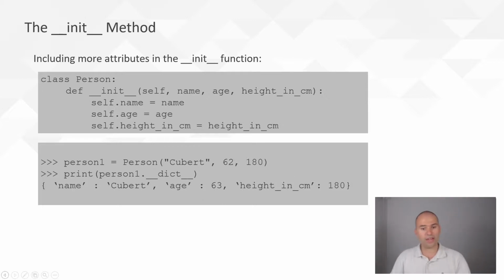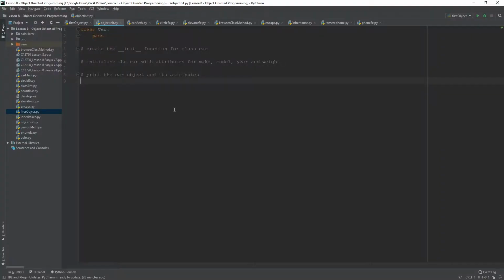So we've had a look at the person example. Now let's go back to the car modeling code and see what that looks like. So in this video, we're going to continue with the car example from the last programming video. In the slides, we're doing a person; in the programs, we're doing the car.